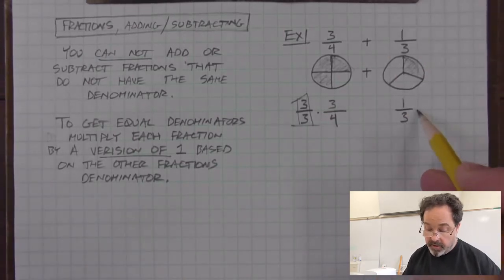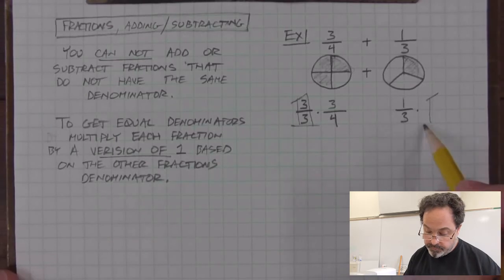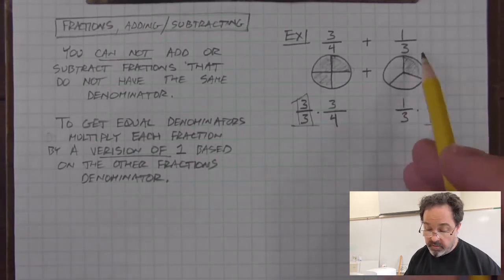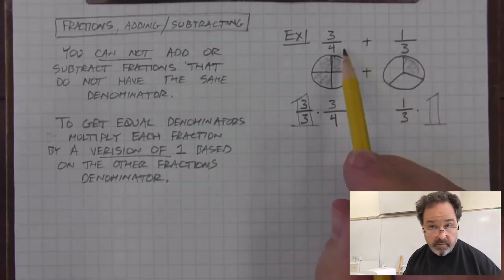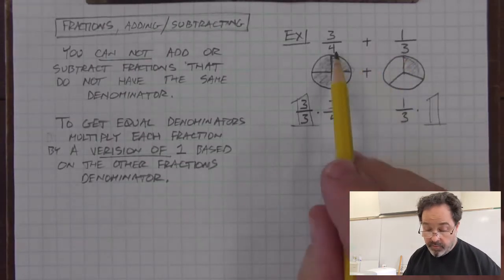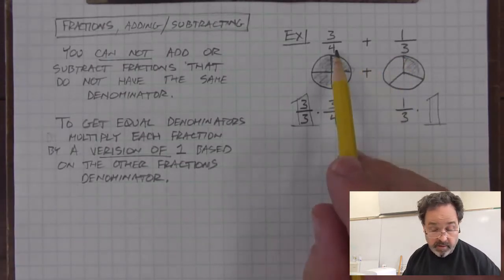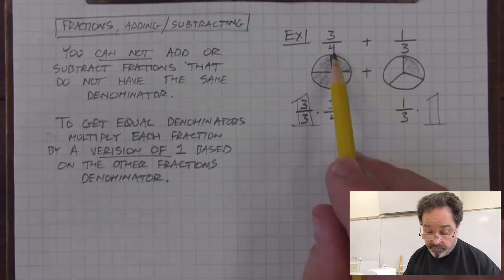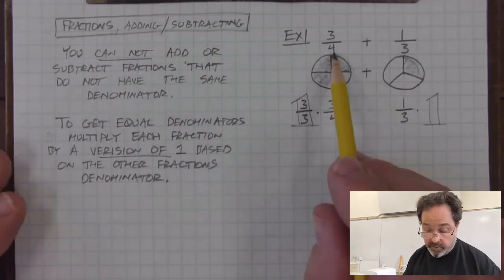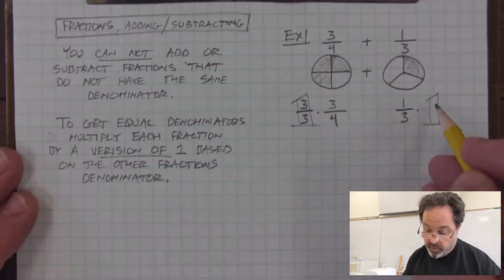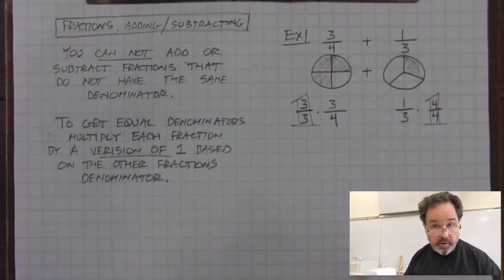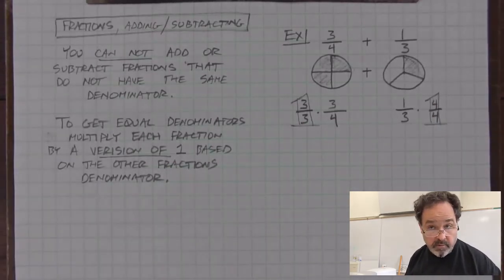I'm going to multiply by a version of 1 based on the other's denominator. The other fraction has a denominator of 4. So the version of 1 that I'm going to multiply over here is 4 over 4. Something over itself is always 1.